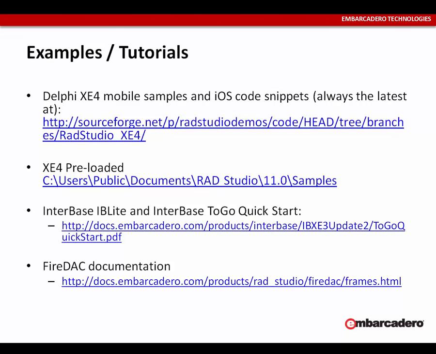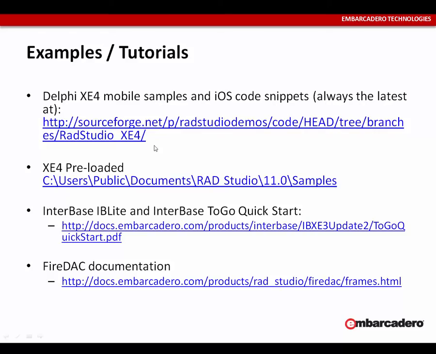Many of the sample apps we'll be using during this lesson are available on SourceForge from this SVN link on this slide. Also, if you have installed RAD Studio XE4 or Delphi XE4, then you will have these sample apps already installed in your Documents folder on your local machine. And typically they're installed under Users, Public, Documents, RAD Studio Samples.